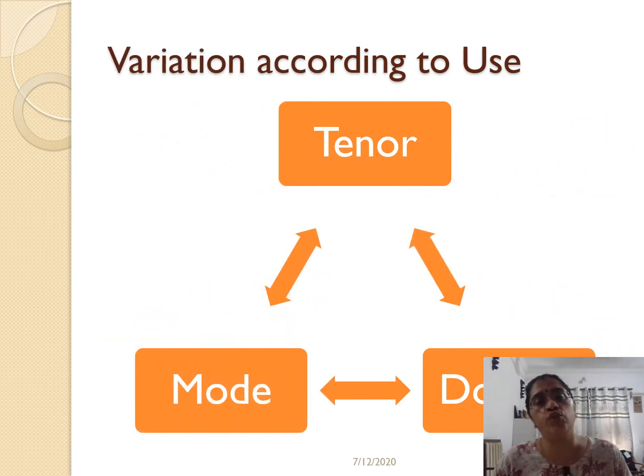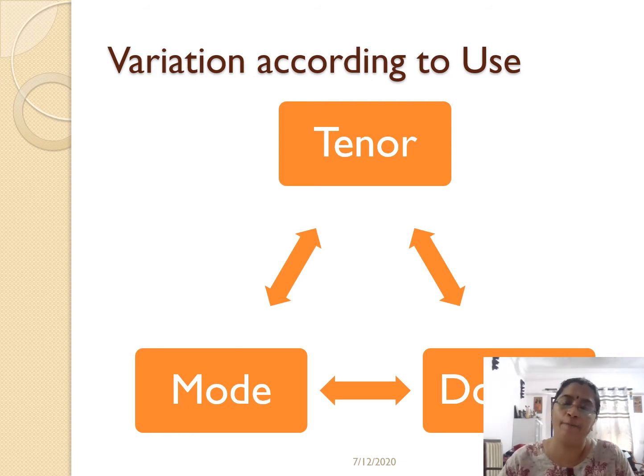The use to which we are putting the language very often depends on three specific categories. What are these categories? They are tenor, mode, and domain. Let us look at each one of these in some detail.